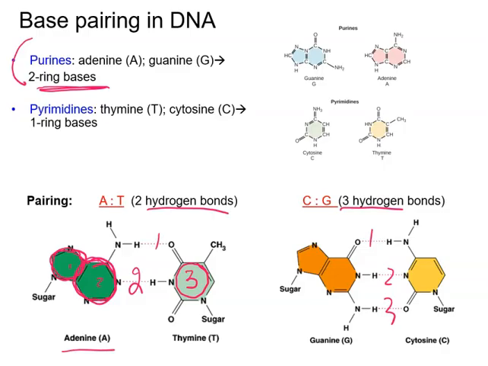If you have a DNA molecule with a lot of guanine and cytosine versus another with a lot of adenine and thymine, which molecule do you think would have a higher melting point? If you said the one that contains lots of guanine and cytosine, you are correct, because you have 3 hydrogen bonds in between to break. It would take more energy to break these bonds, and this type of molecule would be more stable.